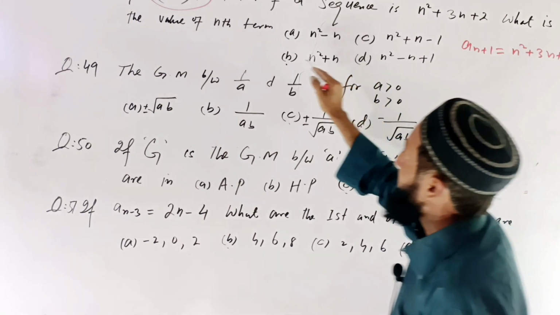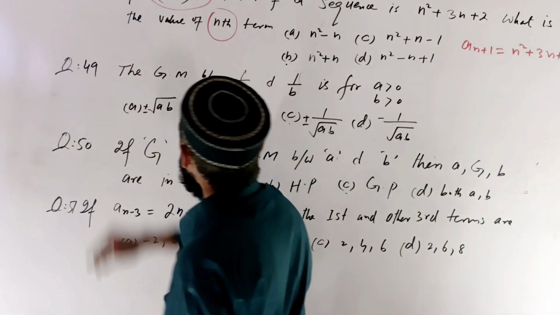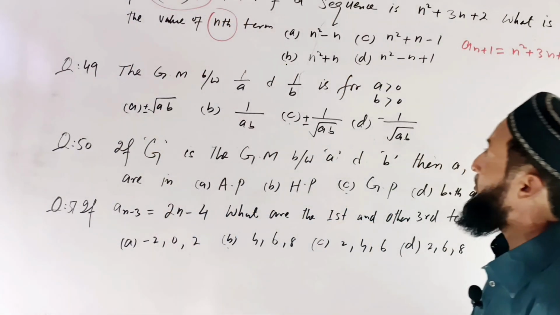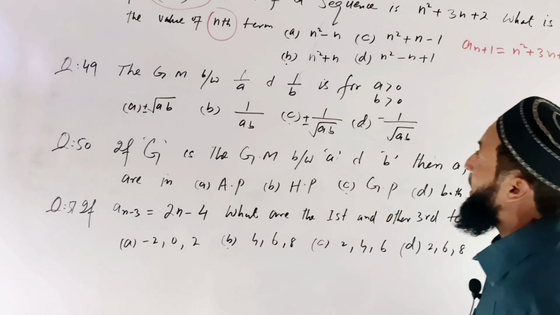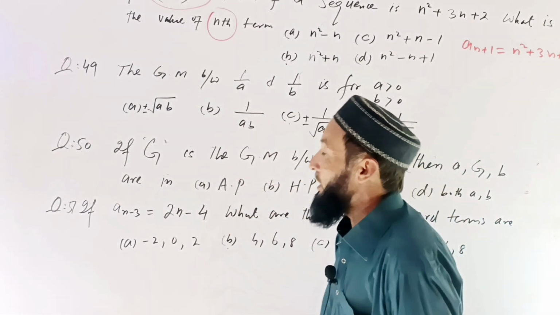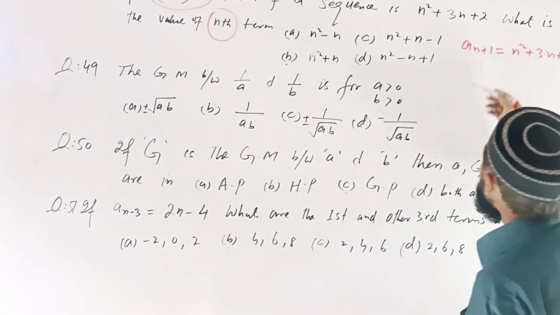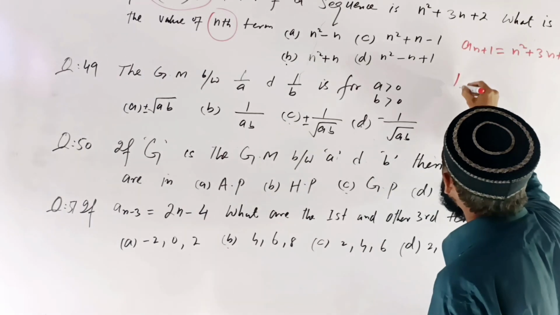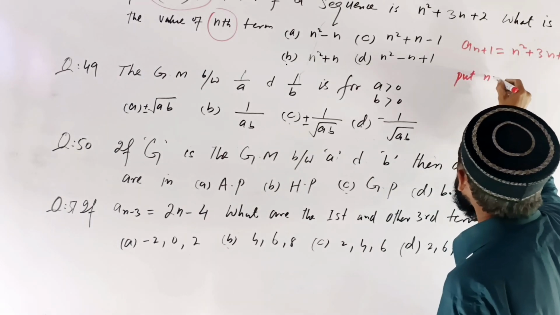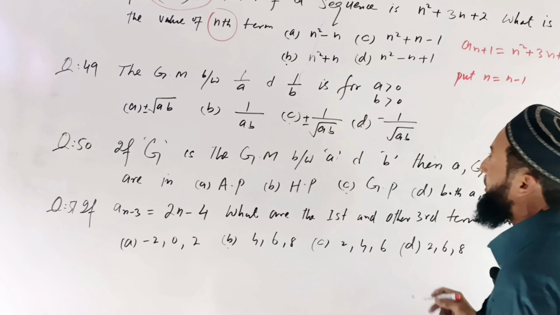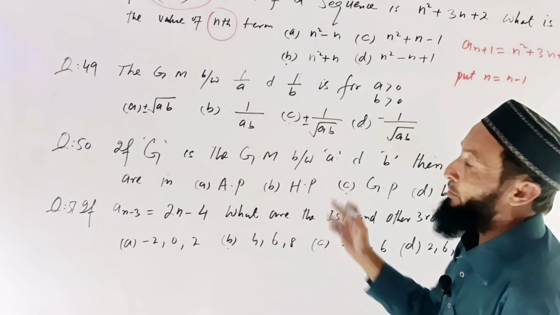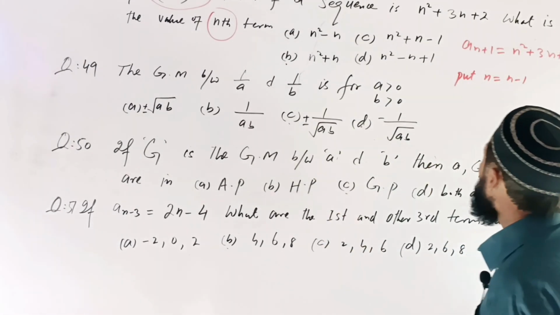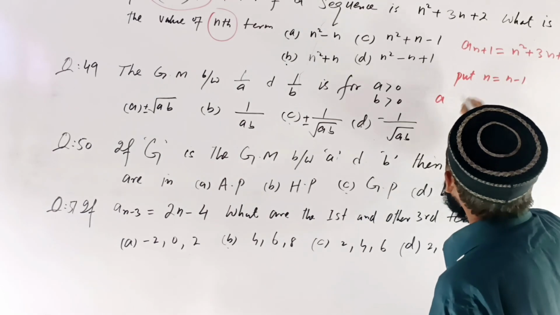So what is the nth term? An is required. Before the (n plus 1)th term we put n minus 1. So in the place of n we put n minus 1, because the term before n plus 1 is n minus 1.